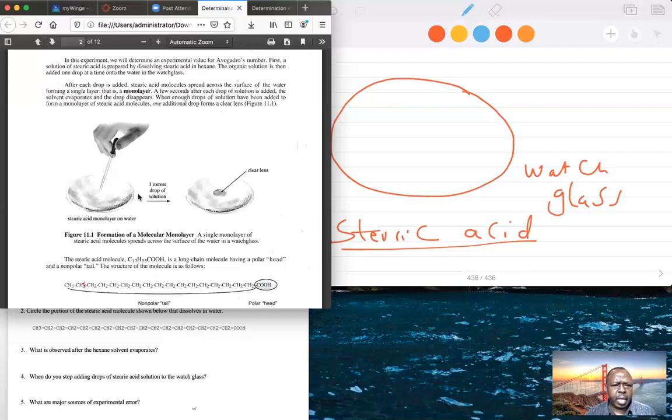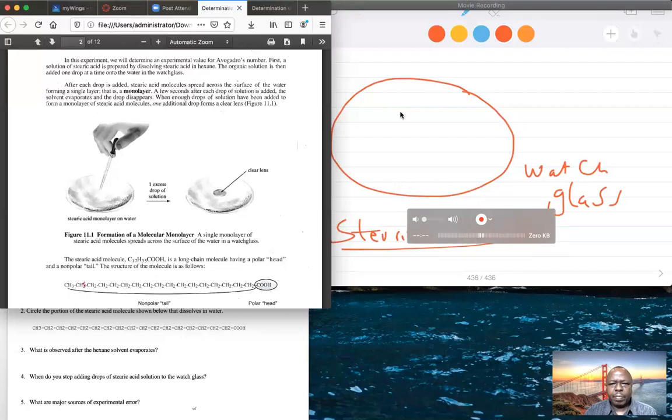What you see here saying 1XS is this: when you drop a single drop on the surface of water, you will not see anything. It will just dissolve. It will form a single layer until it completely covers the surface of H2O.